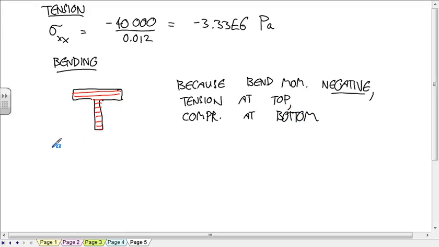And we know that the formula we're looking at is this, negative My over I. Where are we going to get the biggest absolute value of y? At the bottom, yeah. To get to the top is only, what is it? Right.